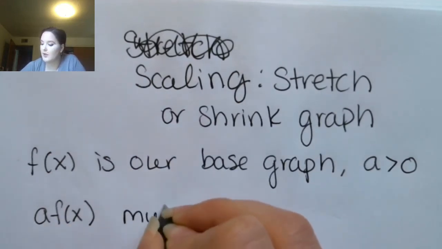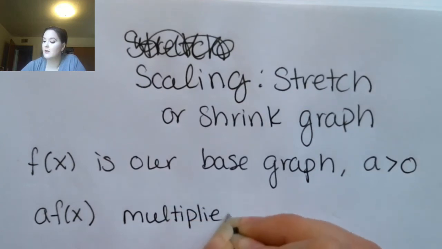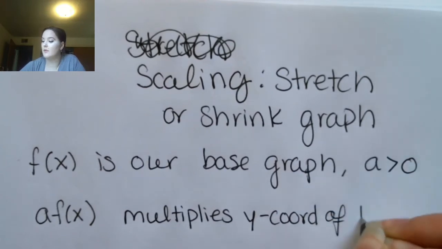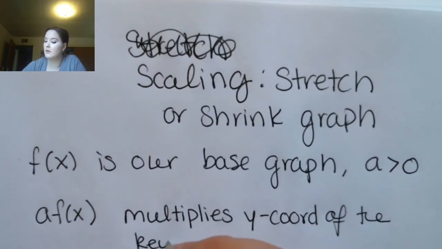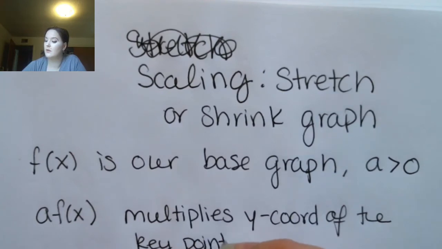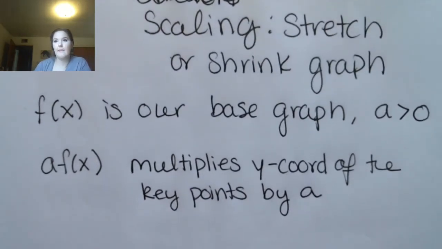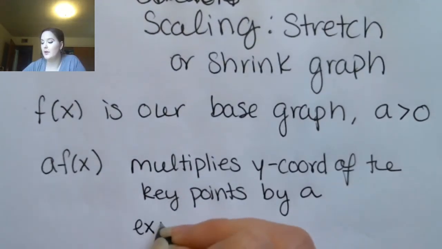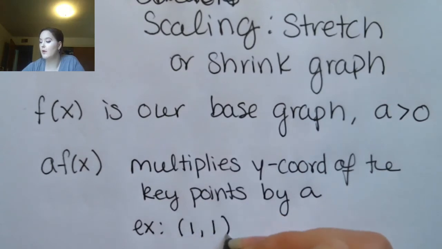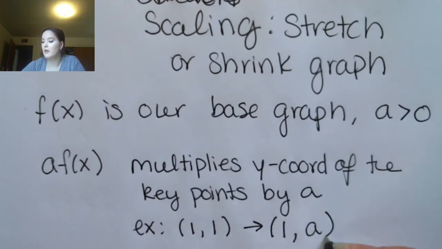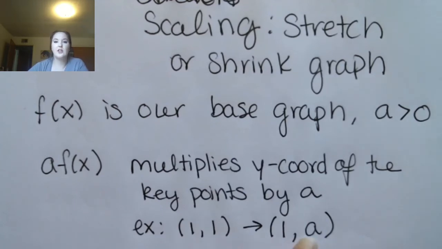So this multiplies the y coordinates of the key points by a. For example, if you had the point (1, 1), it would be 1, the same x value, and now you would multiply 1 times a, which is a. So it changes just the y coordinates of the key points.